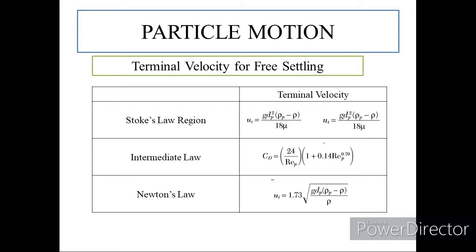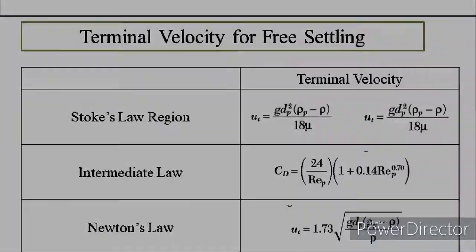If ang ginamit nating determination ng range in which our motion lies is the K, pwede rin. And also, if wala tayong K and wala tayong way para makuha si K, we can also base our motion range sa Reynolds number.